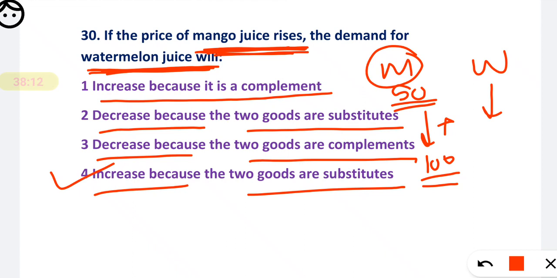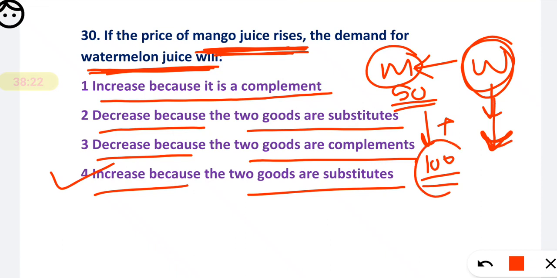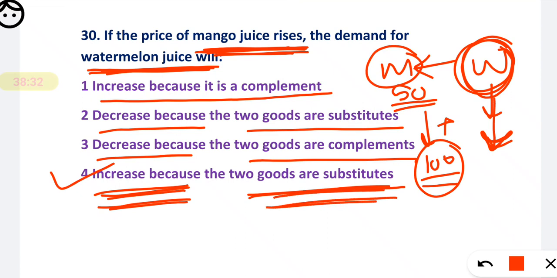Any juice I can prefer. So watermelon will be the substitute for the mango. So demand for watermelon will automatically increase because the mango juice price has increased. You will shift to its substitute, watermelon juice, right? So the demand for watermelon, which is the substitute, will increase because the two goods are substitutes to each other.